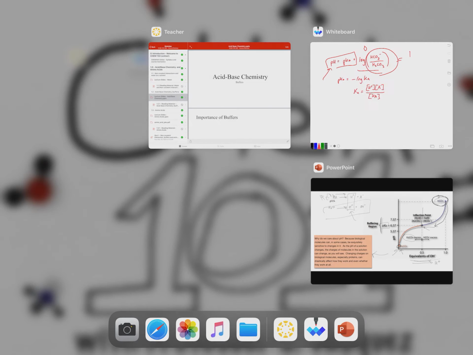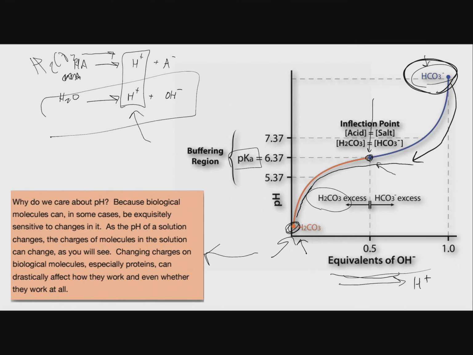If we go back and look at the titration curve here for carbonic acid and bicarbonate, we see the pKa occurs right here at the pH of 6.37. So a pKa is related to a pH in that it's when there is an equal number of, let's say, weak acid and its conjugate base, or when 1/2 of the starting acid has been converted into its weak base component.